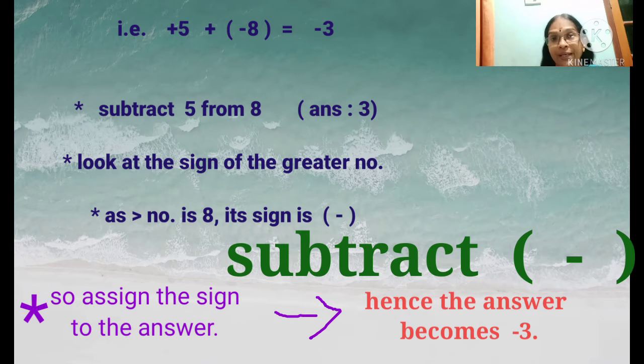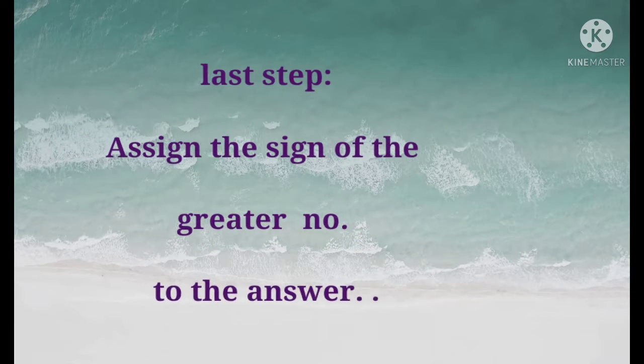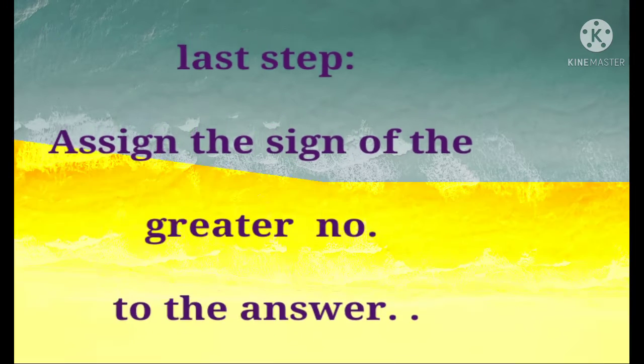After that, you look into those given numbers. Forget about their signs now. Just look at those numbers and see which number is greater. Then assign the sign of that number to the answer. Okay? Come on, I'll show you an example. Then it will be easier for you.